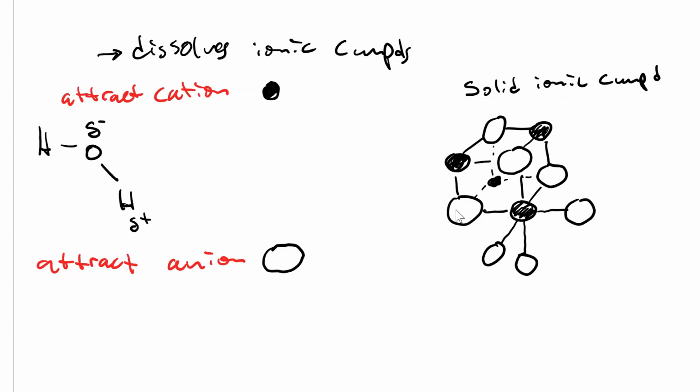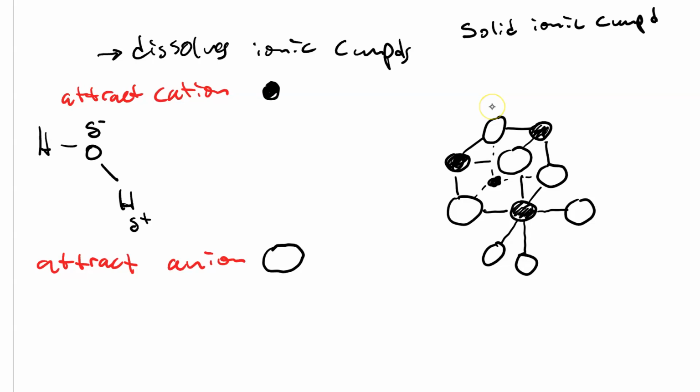And you could do the same thing for the anions. Each anion is surrounded by 6 cations. Consider this anion here in the upper left-hand corner. Well, it's got a cation to its right, it's got one in front, it's got one below, and there's also one above up here.